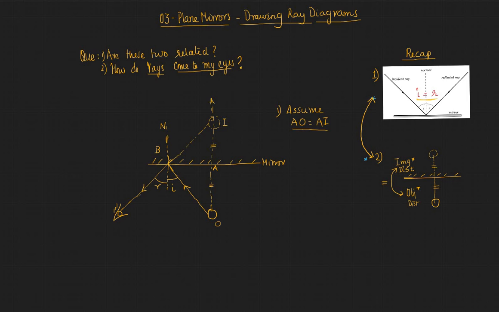So both of these are parallel. The normal 1 and the normal 2 are both parallel lines because they both are 90 degrees to the mirror.